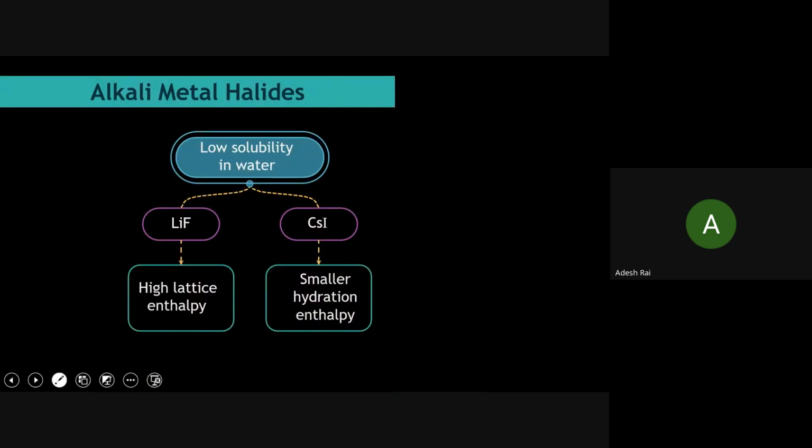Now, there comes the solubility. Okay, so here I'll write. Just now I told you that solubility is dependent on a lot of factors. Dielectric constant is there, but the factors that are more important to us in s-block are lattice energy and hydration energy.